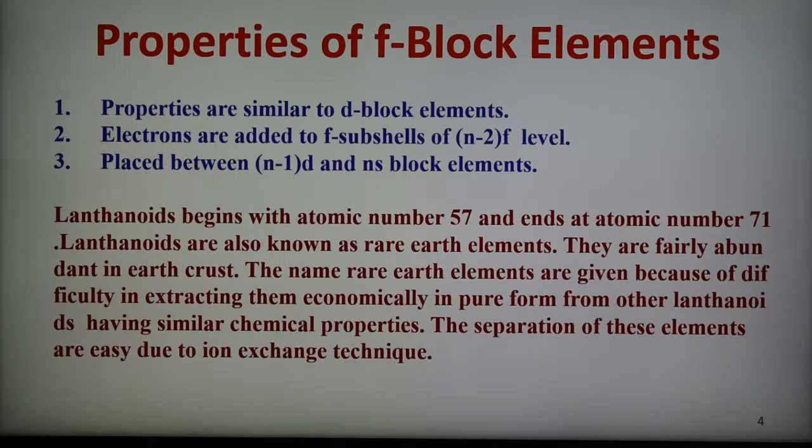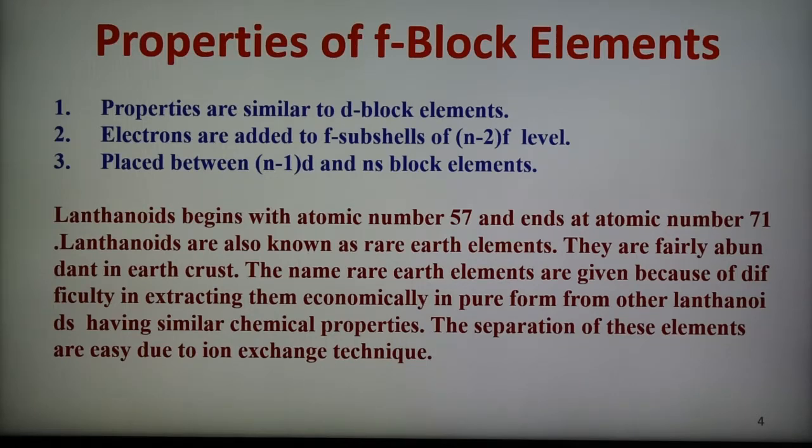The properties are similar to d block elements. The second property is that electrons are added to the f subshell, that is the (n-2)f level. Another property is that they are placed between the (n-1)d and ns block elements.